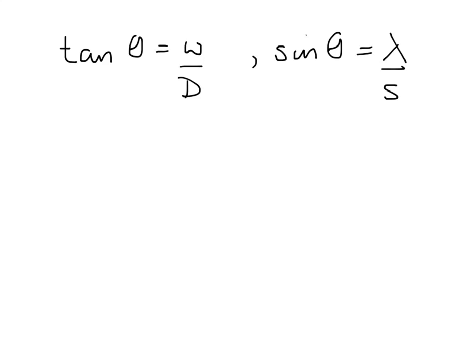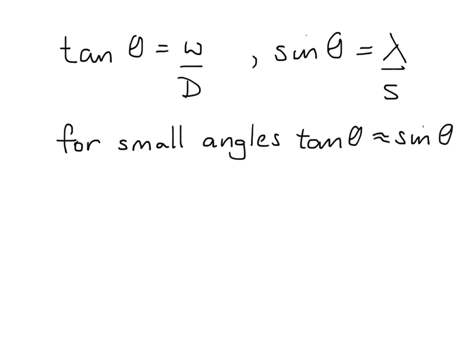Now, it turns out that for very small angles, tan theta is the same as sine theta. If you want to test that, try doing tan of 1 degree on your calculator and sine of 1 degree, and then maybe tan of 0.1 and sine of 0.1, and you'll find very quickly they become absolutely identical answers.